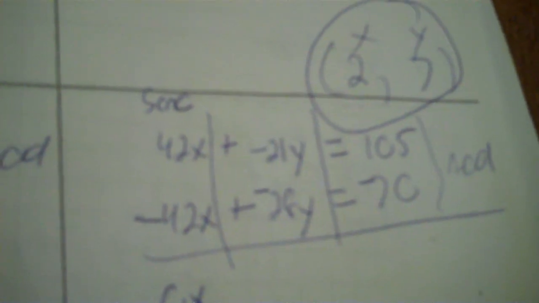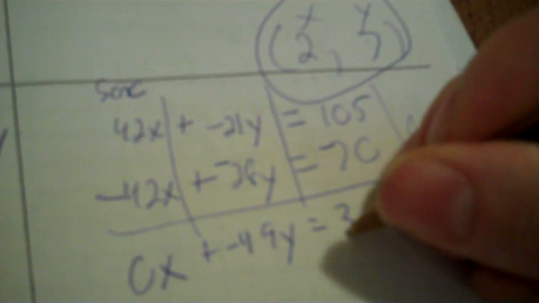Now reorganize your columns. And we have the same here, but it's not going to add to 0 unless that's a negative. Now it's 0, but then that 28 has got to become its opposite. And 70 has to become its opposite.